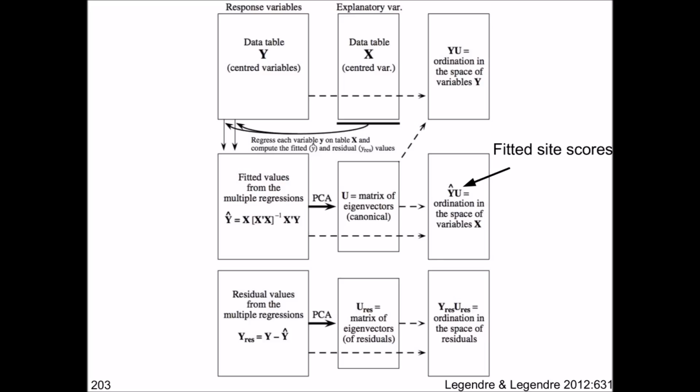So that's what we saw in the example case: if you have just one explanatory variable, then you have just one RDA axis. So the number of RDA axes is always the same as the number of explanatory variables. And the second axis in this case was a principal component axis based on the residuals, on the non-explained variance.